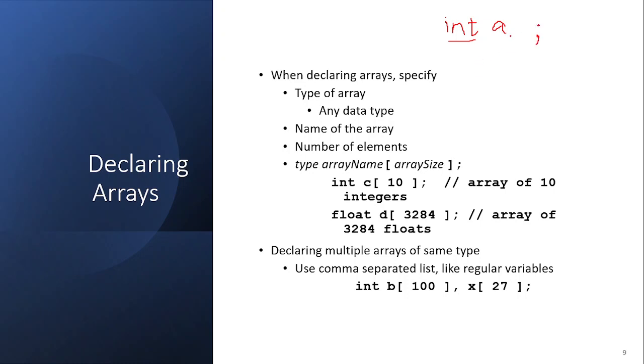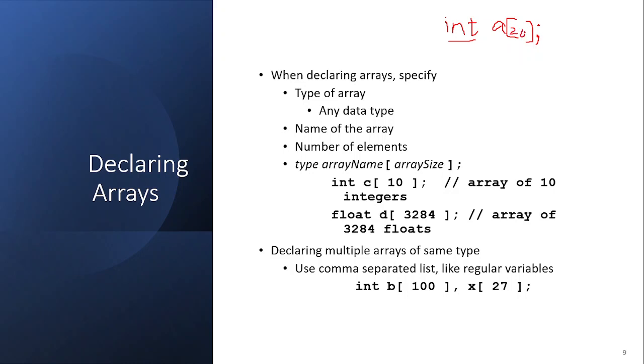With an array, you just specify one additional quantity, and that is the number of elements, and that you do within square brackets. At the time of declaration, these square brackets contain the size of the array. So say for example we say int a[20].